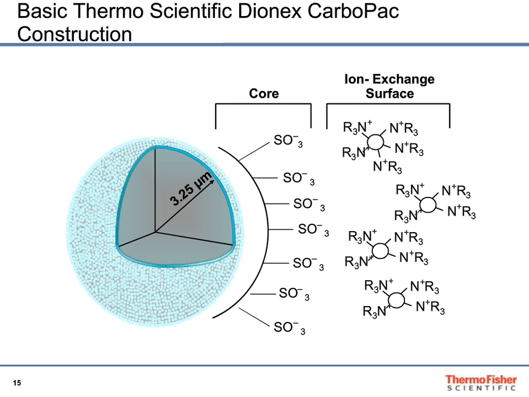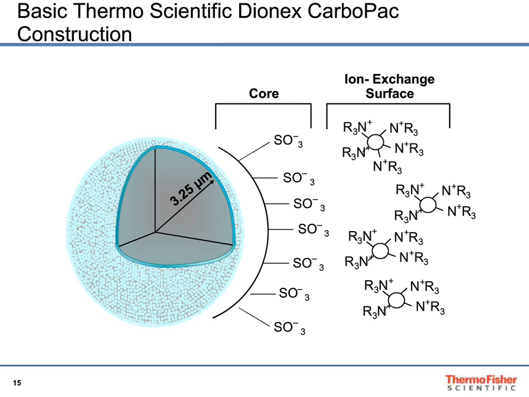What we want to do is make an anion exchanger. So to do that, we add small beads. That's those beads to the right. They have quaternary ammonium groups, so they're anion exchangers, and they bind electrostatically to that core bead that's been surface sulfonated. What this does is give us a short diffusion path length, so that we get good high-resolution separations.